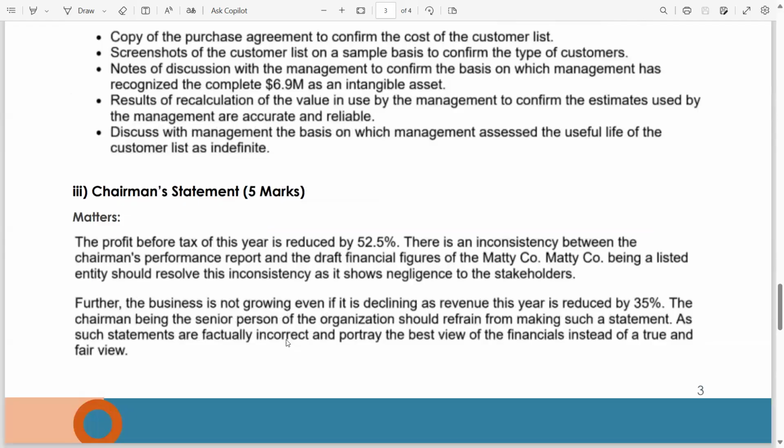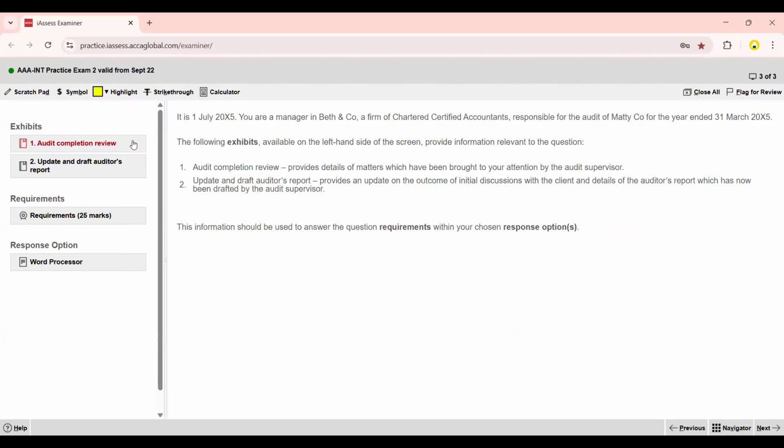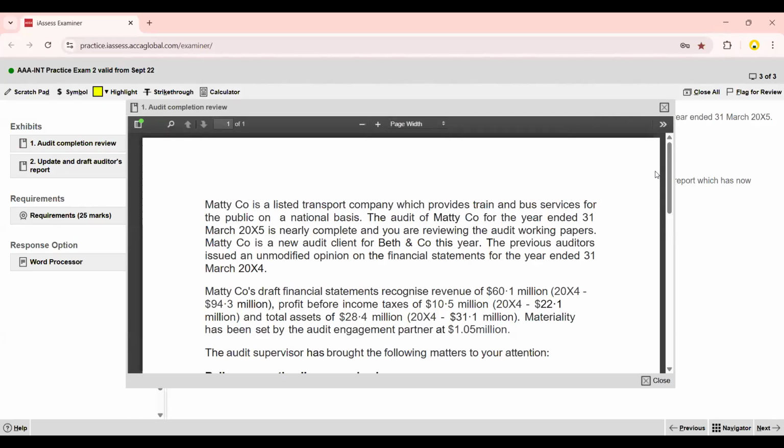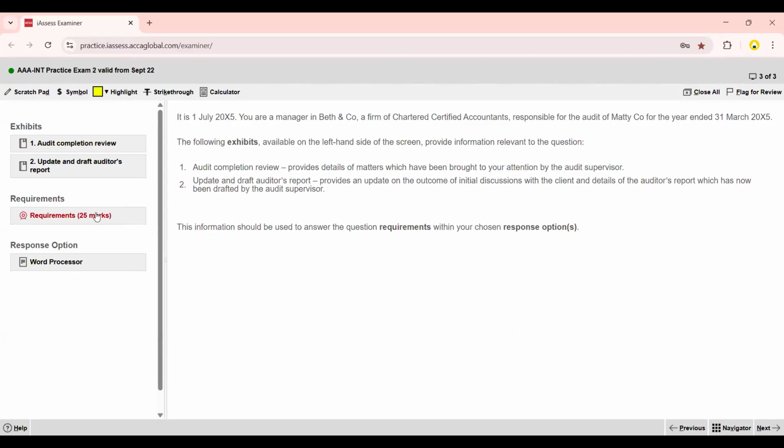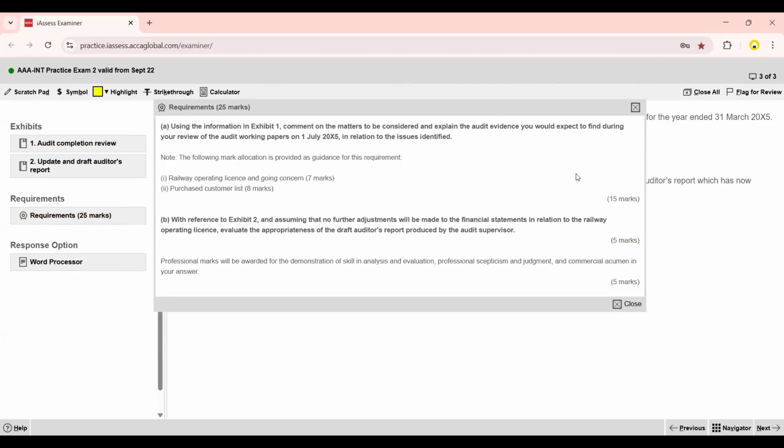Now, let me show you the question again. Look, in the question, this is a new question on your CBE platform. Previously, it was a different question. If you search on Google, then you will get the old question. In that question, there were three parts.